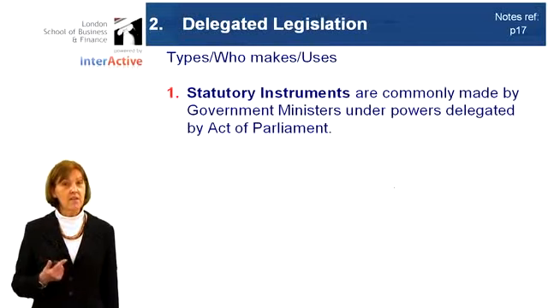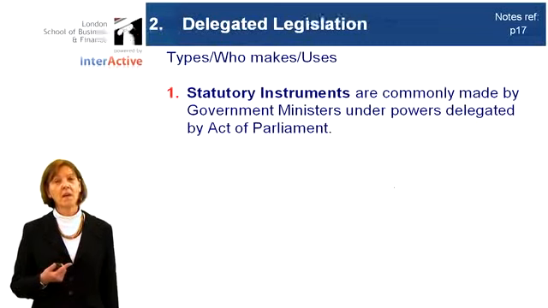To give you an idea of how important in terms of volume, in last parliamentary session, just over 40 Acts of Parliament were made. In the corresponding period, nearly 8,000 statutory instruments were made, often affecting business. So very important in terms of volume.